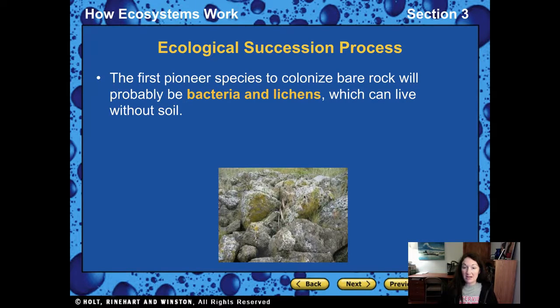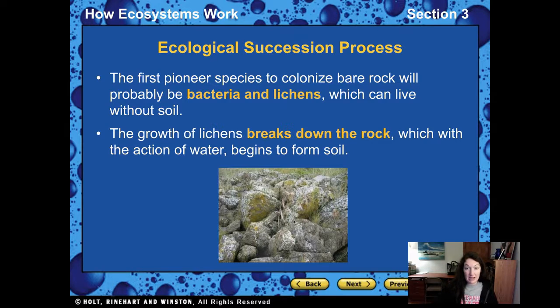So these can help break up the rock and make it into soil. So basically, you've got to take this solid material that can't grow any plants on it and turn it into the soil that we think of as the substance that we grow plants out of. So that's primary succession. You start with these lichens and they break down the rock, and that'll form the soil that will eventually host the plants, the producers of the food chain.